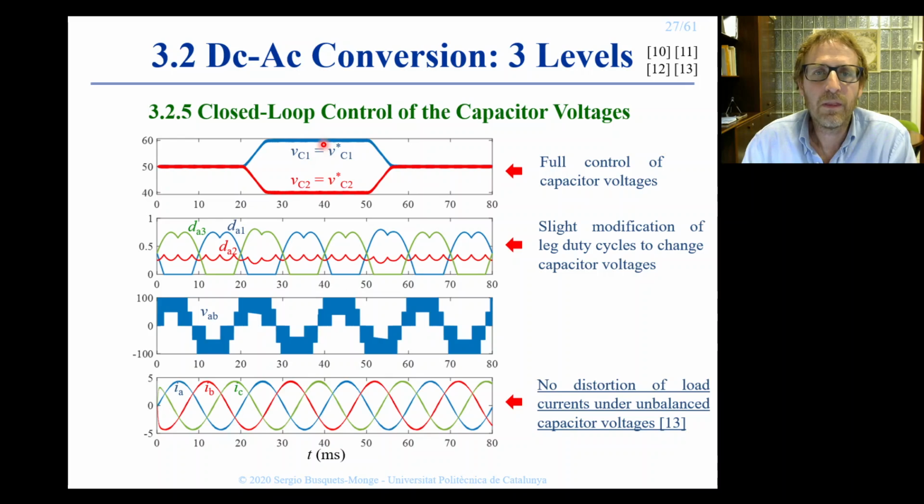We can operate with different capacitor voltages and we see almost no difference in the leg currents. This is a very interesting property of this modulation strategy that will enable us to operate with different capacitor voltages, which is interesting in several applications.